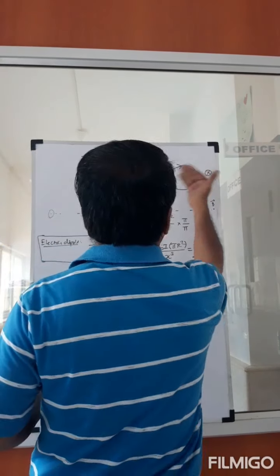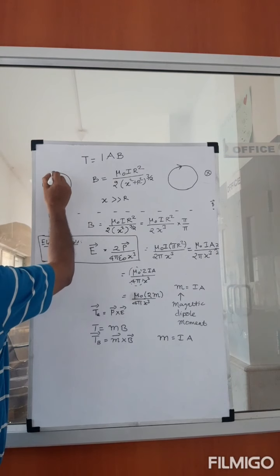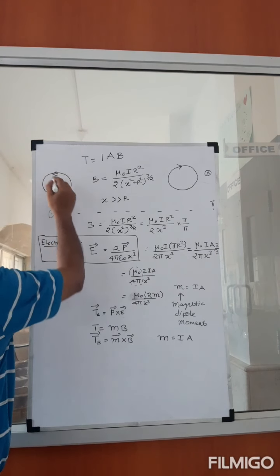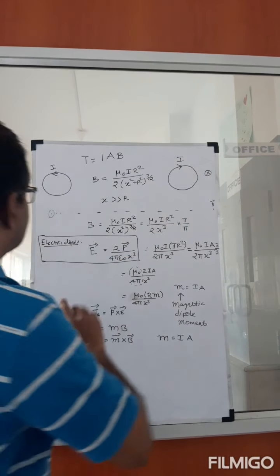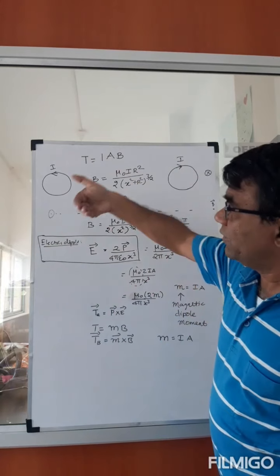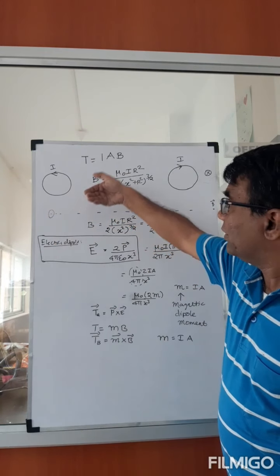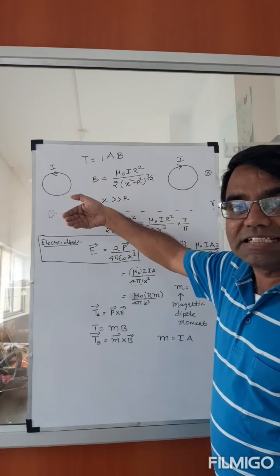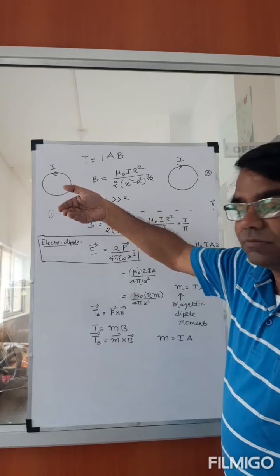Suppose the current I is flowing in this other direction. In that case, the direction of the magnetic dipole moment would be towards you.